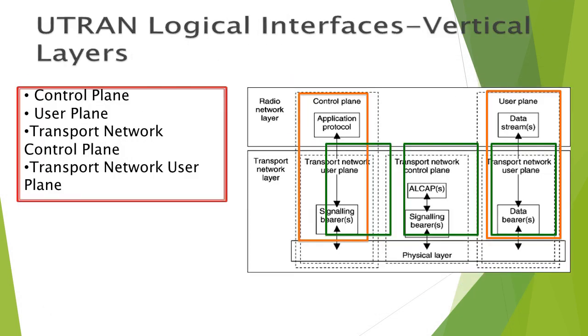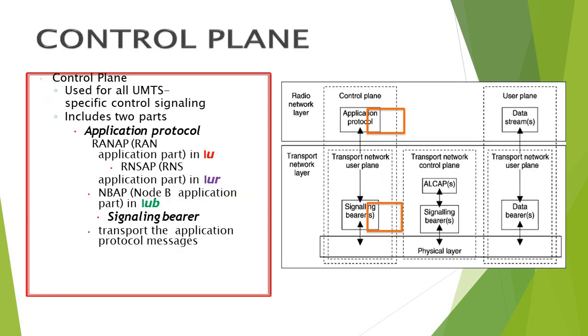So control plane, user plane, transport network control plane, transport network user plane. The transport network control plane is useful for the signaling information along with the data signaling bearers and the access link control application part. So this consists of two parts: the application protocol as well as the signaling bearer.